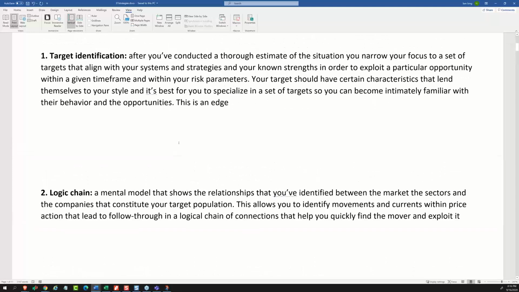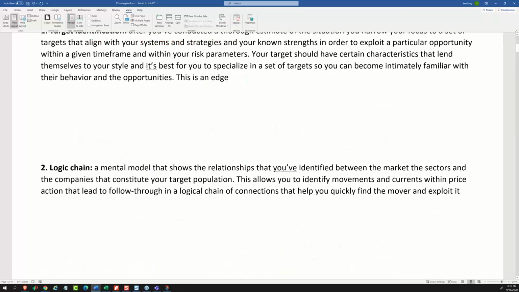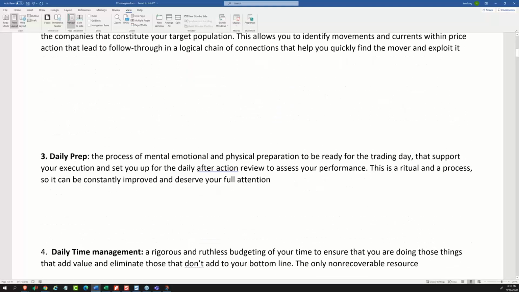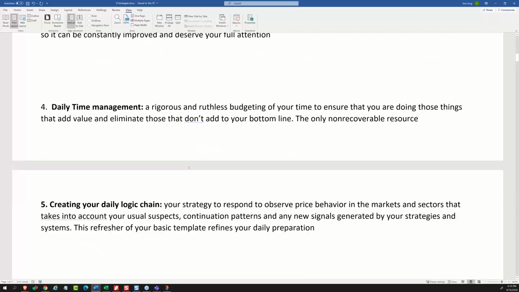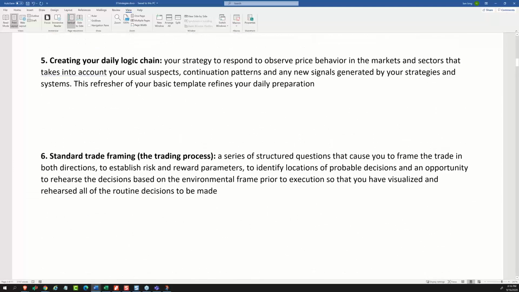Okay, so yesterday we reviewed the personal learning journal, target identification, the logic chain, daily prep, and daily time management. So today, strategy number 5. And remember, a strategy is an approach to general problem solving.